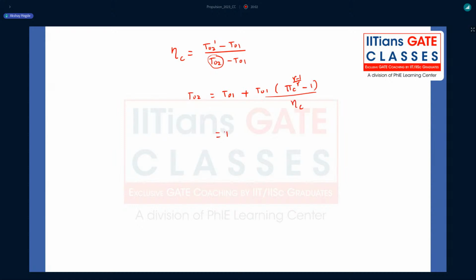So take T01 outside. That becomes 1 plus (pi c to the power of (gamma minus 1) by gamma, minus 1) divided by eta c. How is T02 related to compressor efficiency?